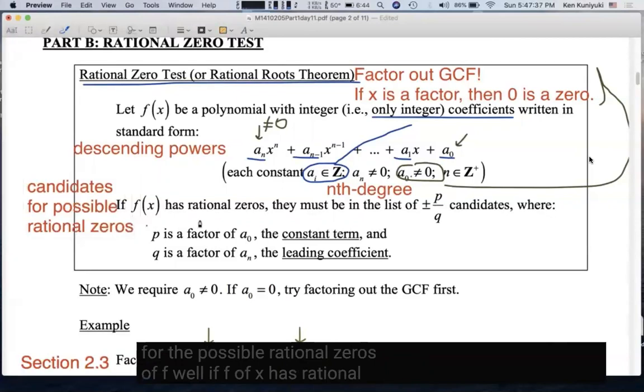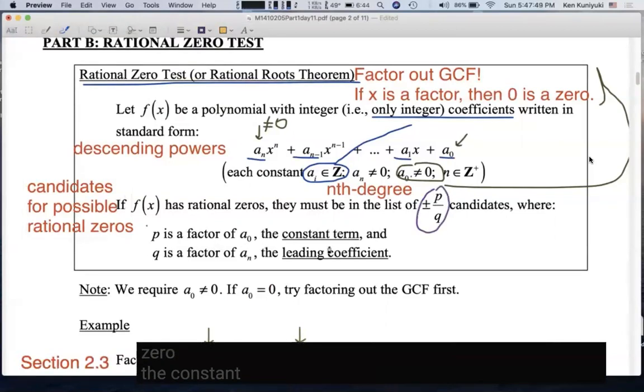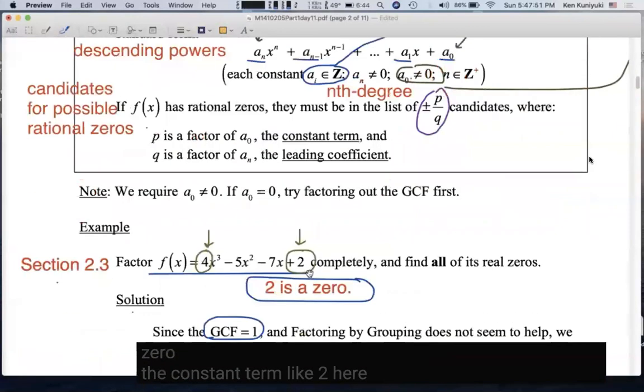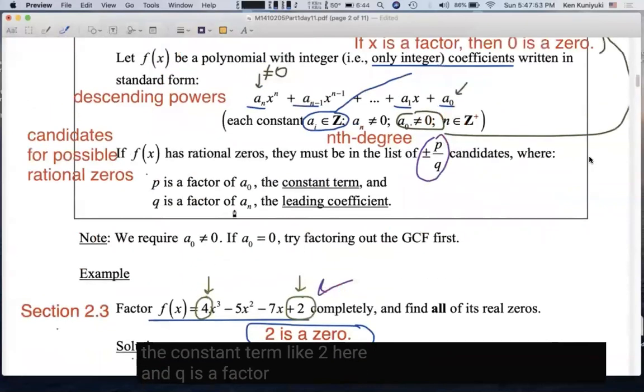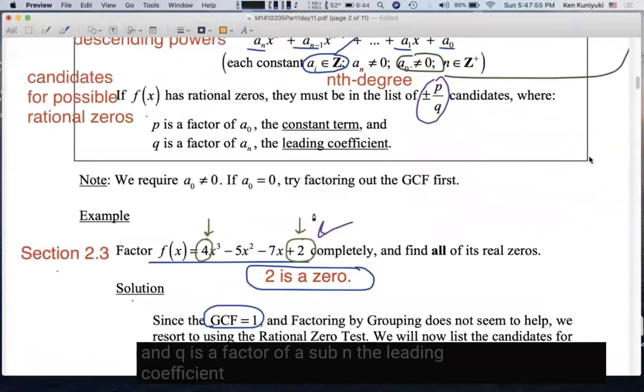Well, if f of x has rational zeros, they must be in the list of plus or minus p over q candidates, where p is a factor of a sub 0, the constant term, like 2 here, and q is a factor of a sub n, the leading coefficient, like the 4 here.